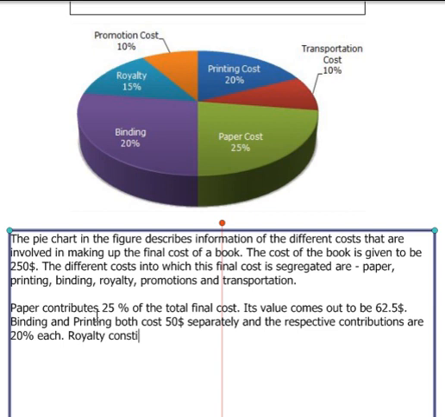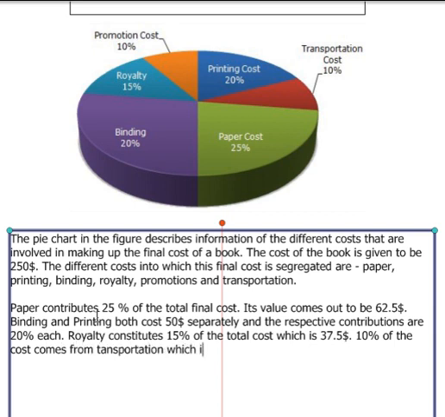Royalty constitutes 15% of the total cost, which is $37.5. 10% of the cost comes from transportation, which is, now 10% of 250 would be $25, and the remaining 10% of the final cost comes from promotion.